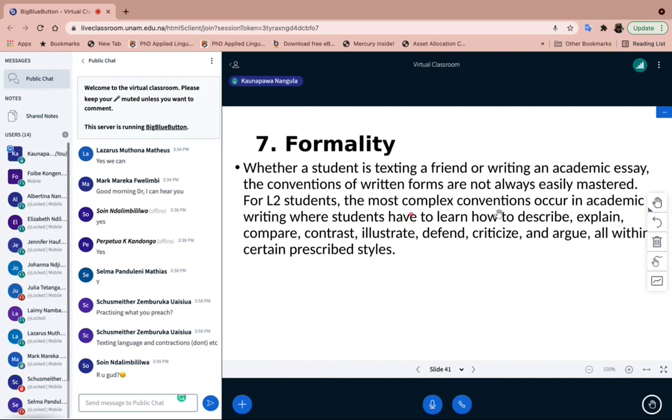So the most complex conventions occur in academic writing, where they have to learn how to describe, explain, compare, contrast, illustrate, defend, criticize, and argue, all within a certain prescribed style. Because every style changes, right? You have to teach them those differences.